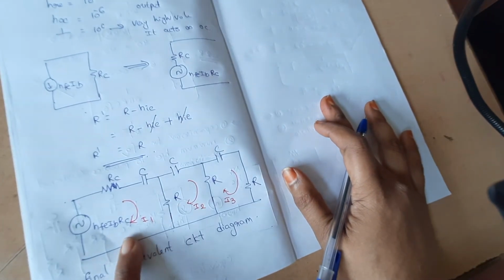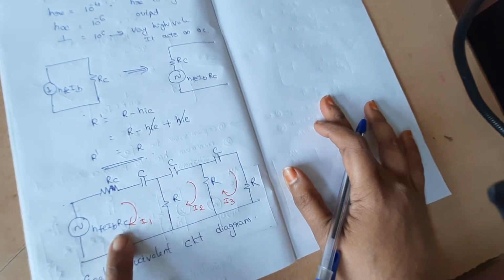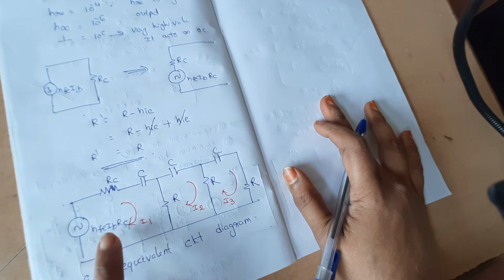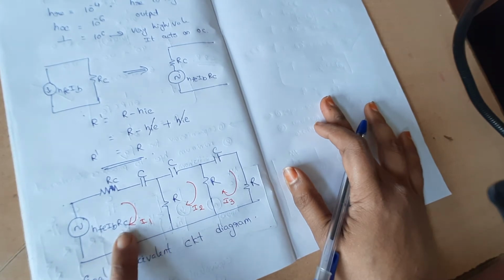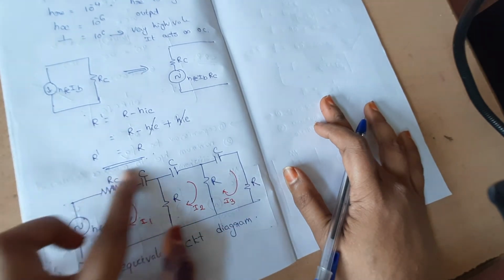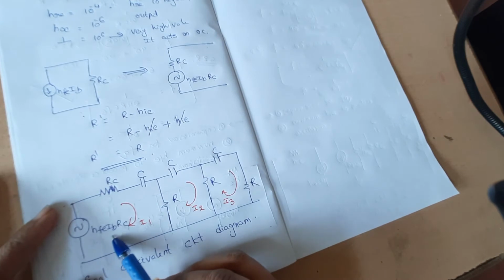By writing the loop equations, the first one is for the I1 current. What is the loop equation? HFE, IB, RC. For the first loop, the equation is HFE, IB, RC.